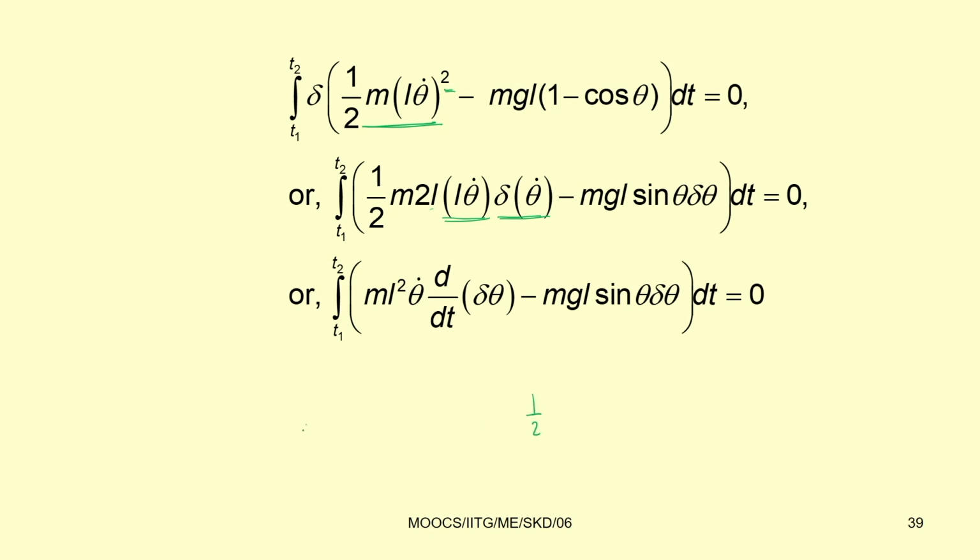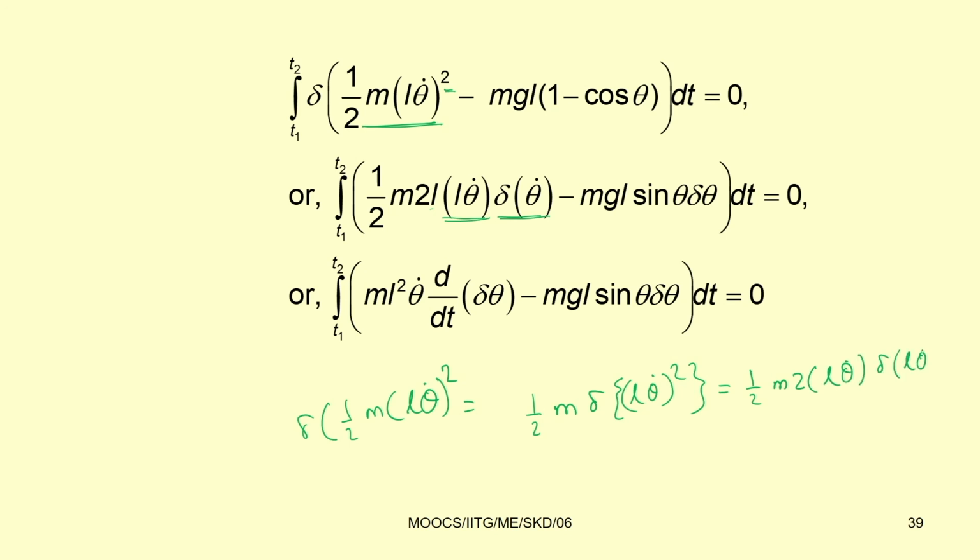So, del of half m L squared theta dot squared equals half m del of (L theta dot) squared, which is half m into 2 into L theta dot into del of L theta dot.